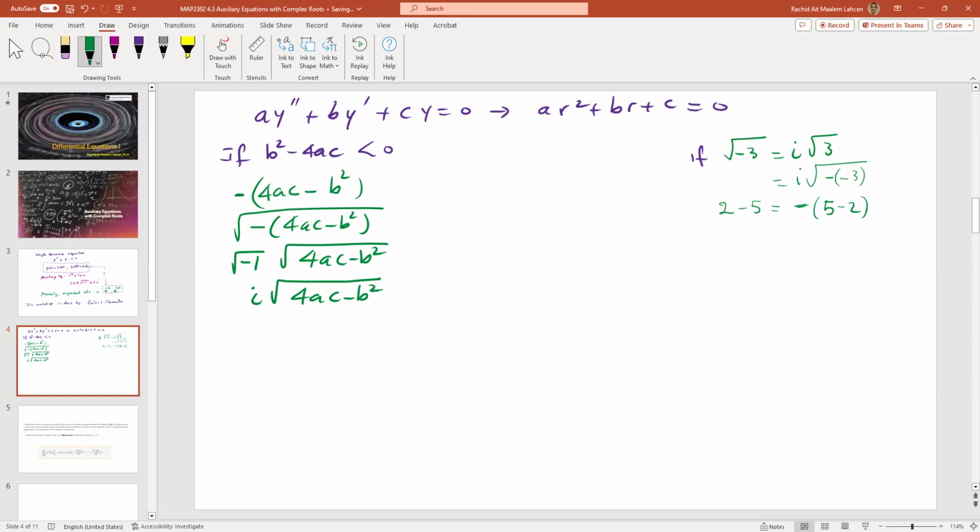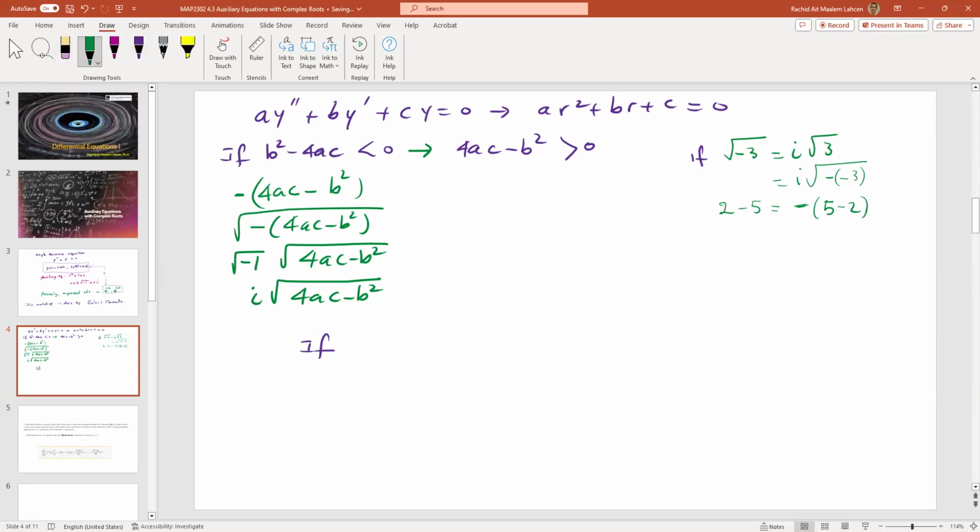So if b squared minus 4ac is negative, then 4ac minus b squared is positive. I will use this in setting up the quadratic formula, because our interest is b squared minus 4ac negative.